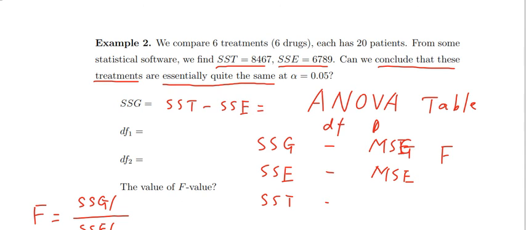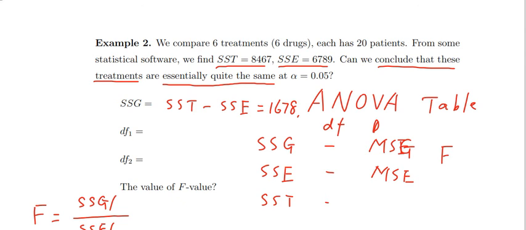Okay, so this equals, let me do a little bit of calculation. I think it's 1678. Okay, 1678. And what is the degree of freedom for the group?